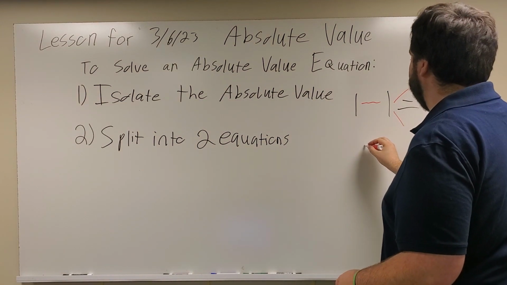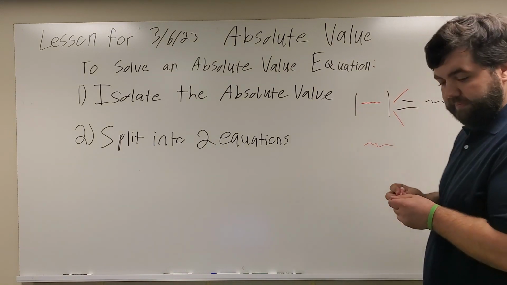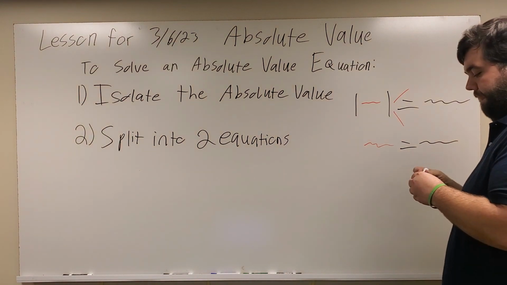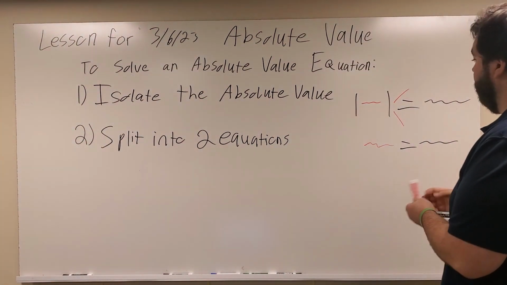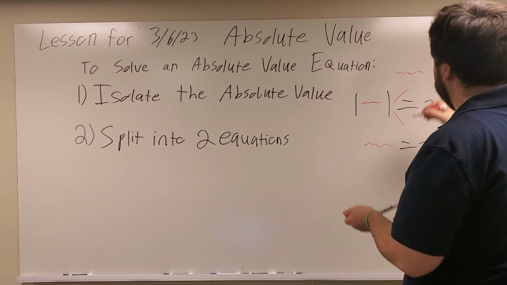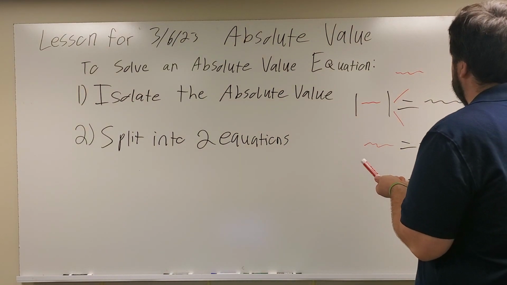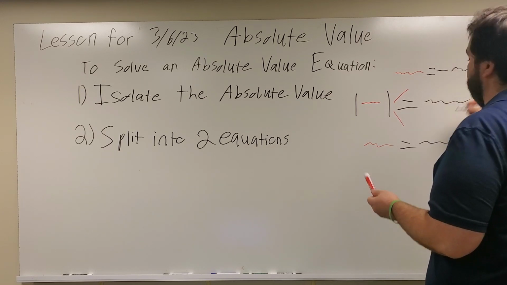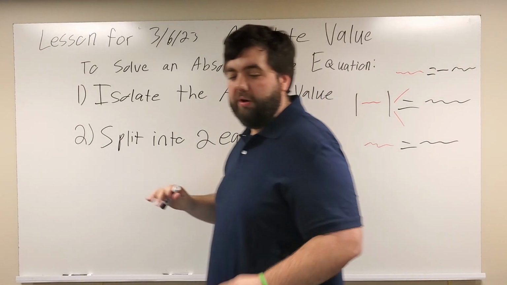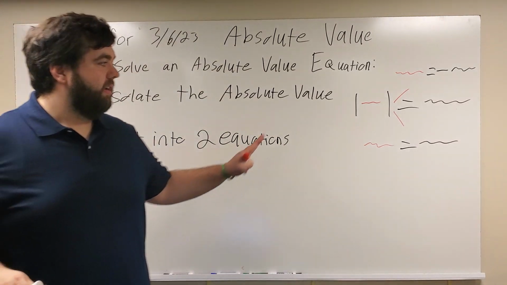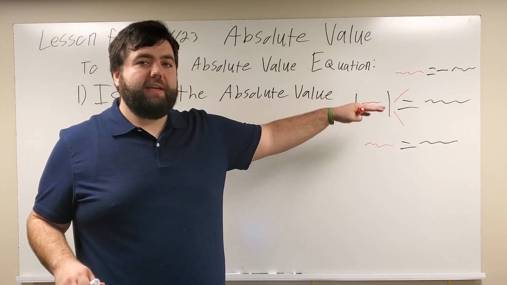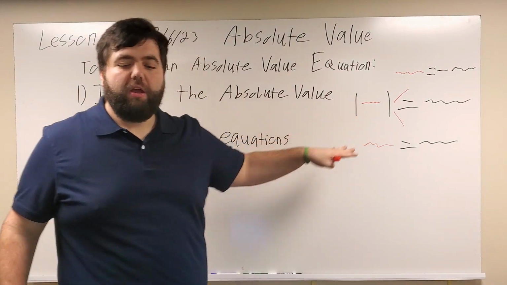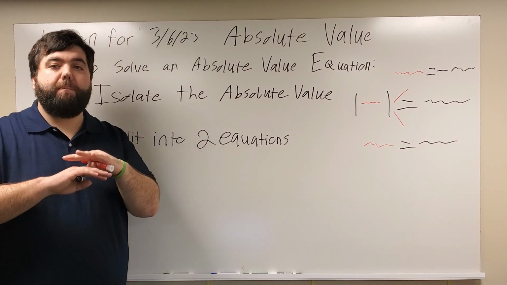First, the red squiggles are equal to the black squiggle. But we also have the red squiggle is equal to the negative of the black squiggle. So whatever was on that side of the equation, you make it the positive and the negative, and each is equal to whatever was inside of the absolute value. Our absolute value bars are now gone.